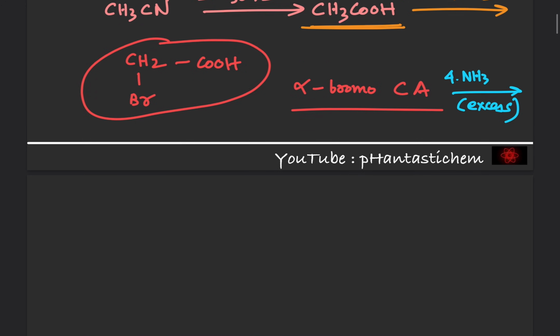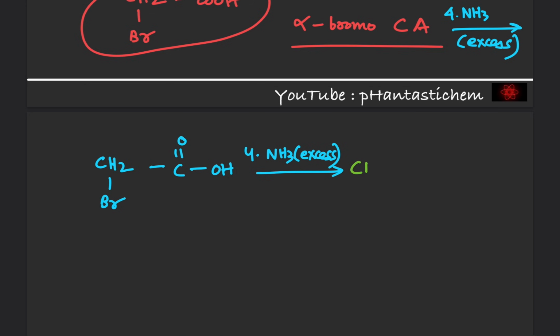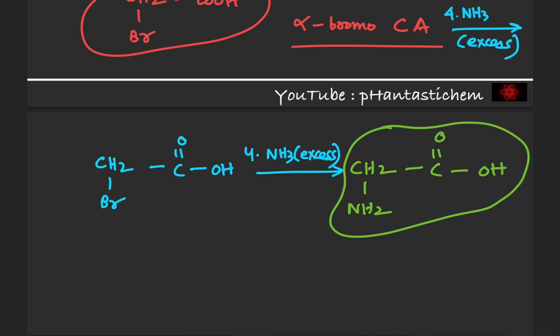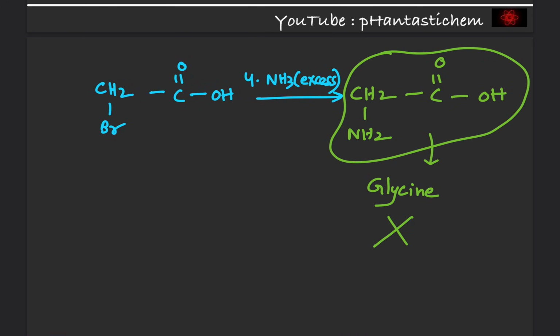Okay, that is, with respect to reaction, I can write CH2BrCOOH in the presence of excess NH3 will give me CH2NH2COOH. Okay, so these are alpha amino acids because the NH2 group is on the alpha carbon. Okay, and this is glycine. So therefore this is our X.